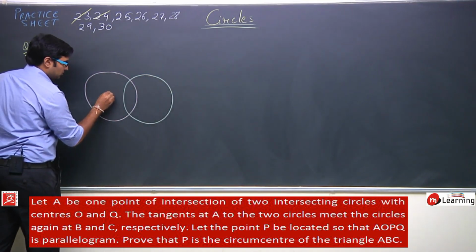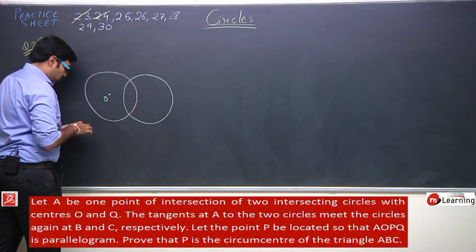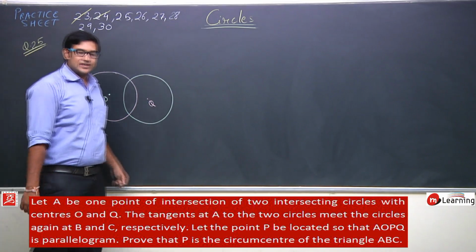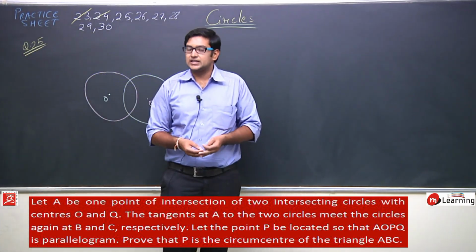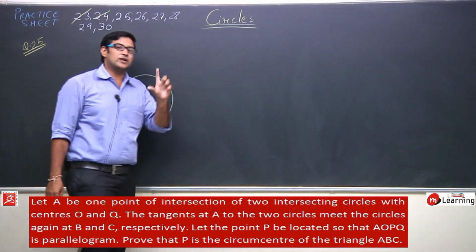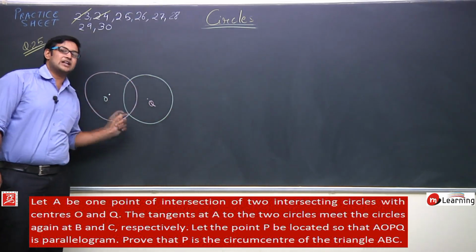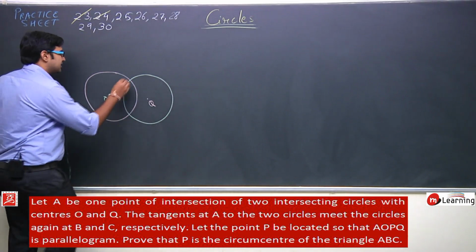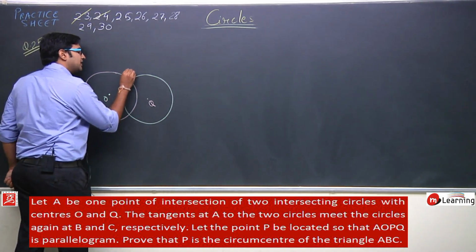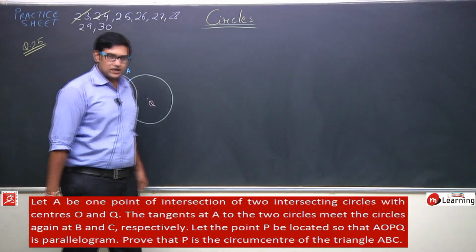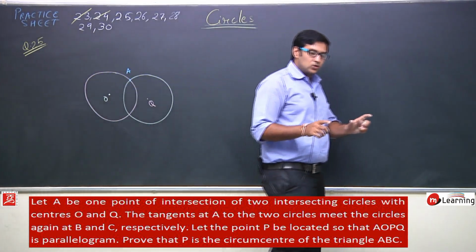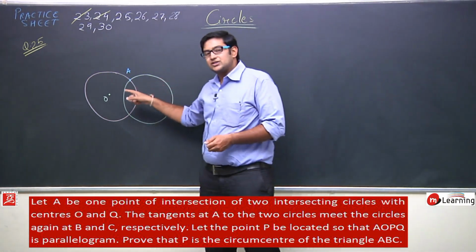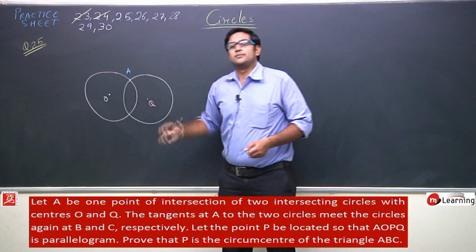The centers of the two circles are O and Q. Obviously, when two circles intersect each other, they will intersect at two different points. This is one point and this is another point. Let us say this point is point A. The two circles intersect each other at two different points, but one of the points of intersection is point A.